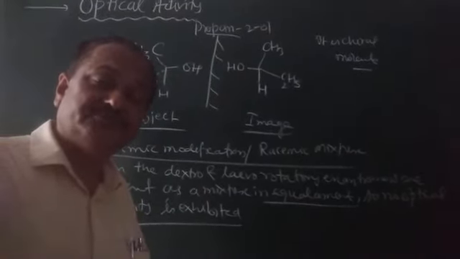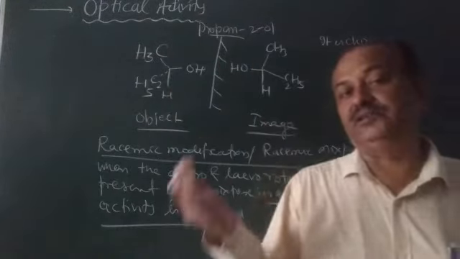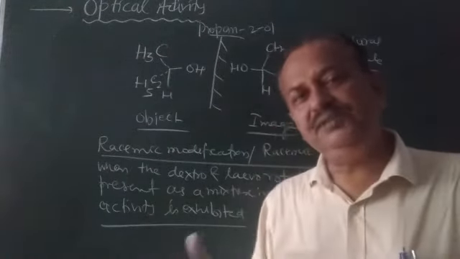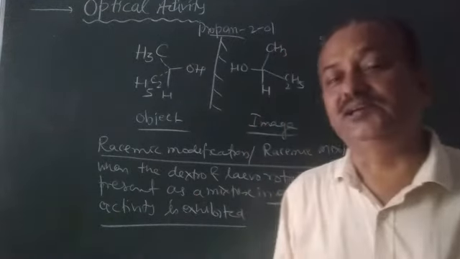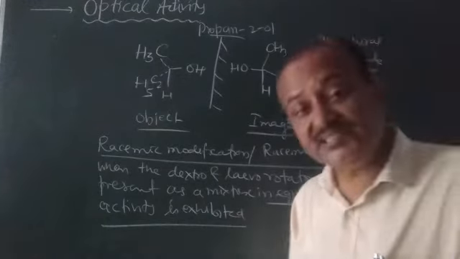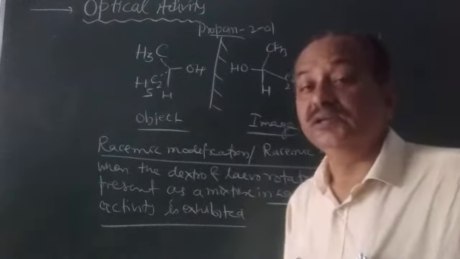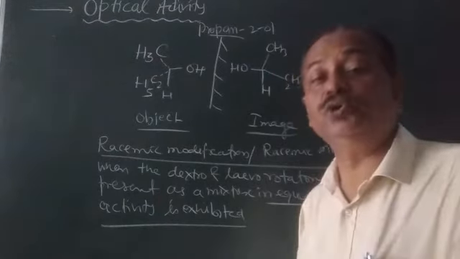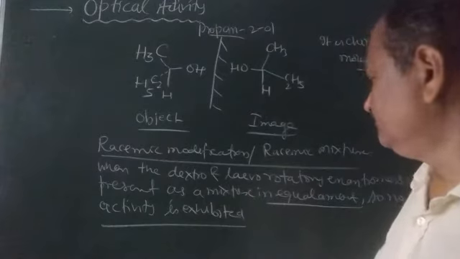Why? Because if the D form or dextro rotates toward the right side, the levo will rotate toward the left side. So they will cancel the rotation or degree of rotation. So the light will pass as monochromatic light. So this is racemic modification or racemic mixture.